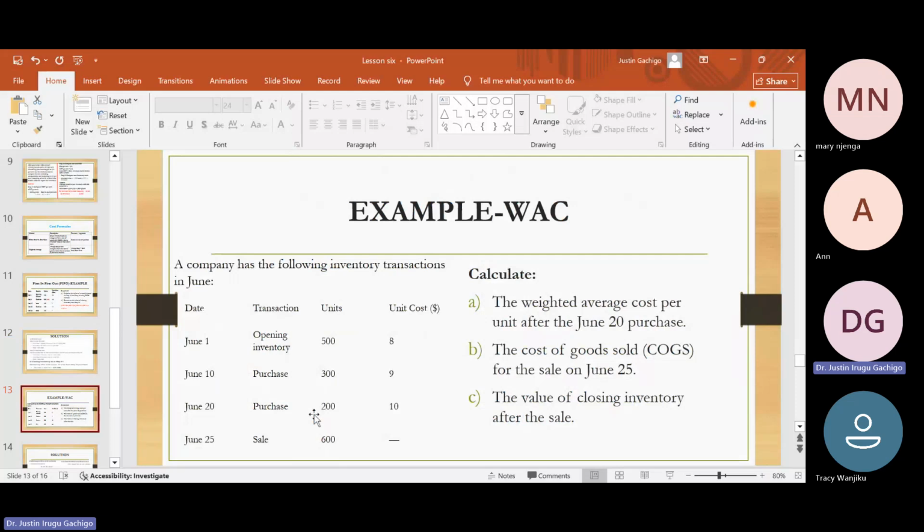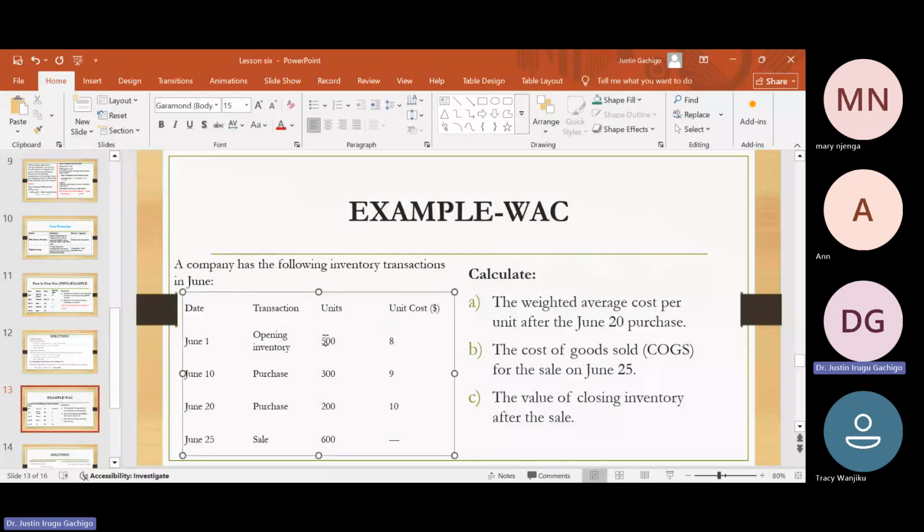So for the weighted average, what you need to do, you need to get the total. The formula for weighted average is that you need to get the total cost, you divide by the total units. So first of all, you get the units. So these are the units here.